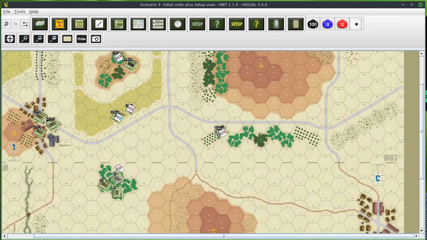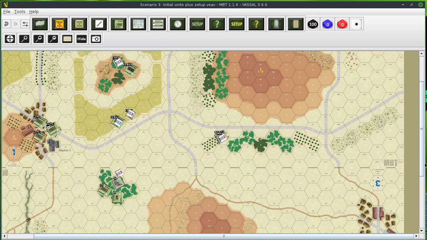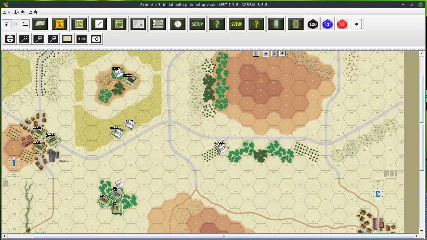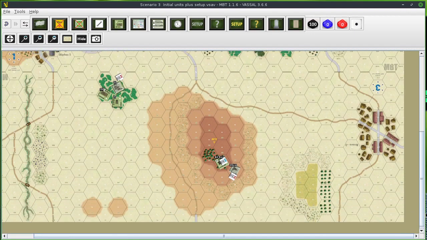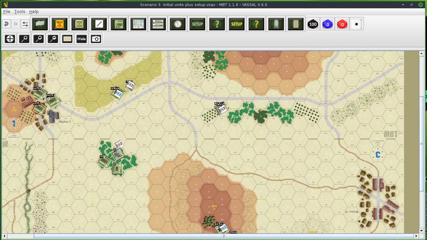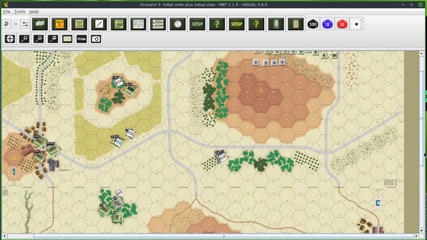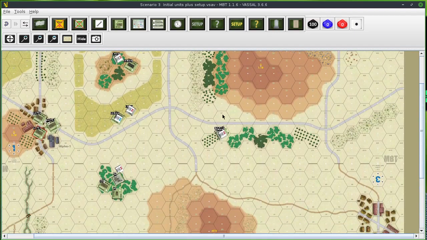And the only disadvantage to moving everything back like this is, like I said, we're not going to be able to see everything perfect. Our line of sight isn't going to be that great to what's going on. The Soviets are going to be able to get all the units on board and staged before I can really hit them. But if I were to move my unit forward on this hill, I could hit them as soon as they enter the board.